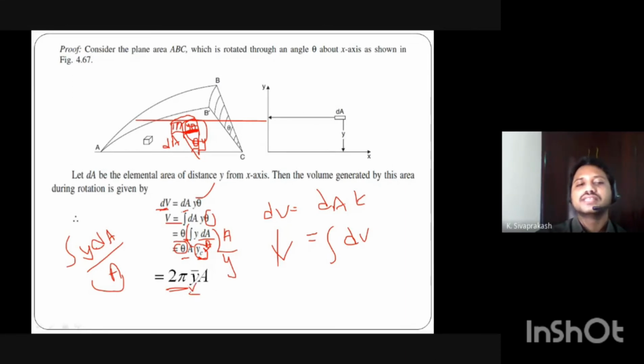So according to the theorem of Pappus, the volume generated by revolving a plane area about a non-intersecting axis is equal to the product of area and the distance traveled by its centroid in one revolution, that is 2 pi. This is the proof of the Pappus theorem 2.